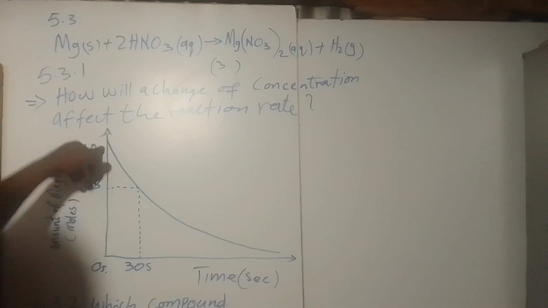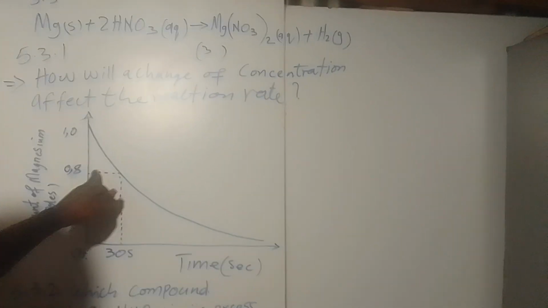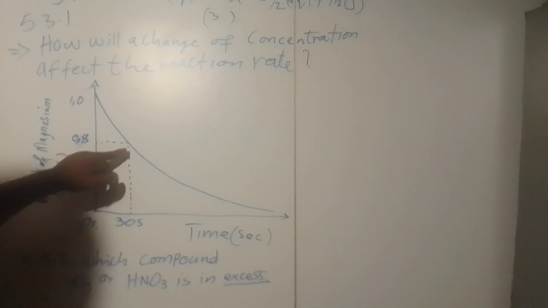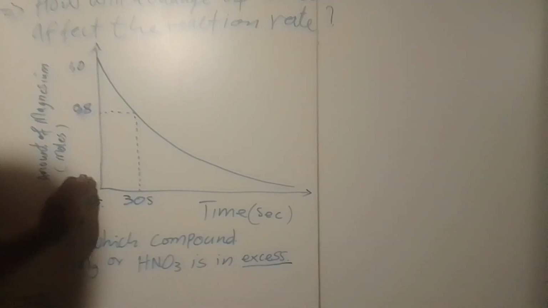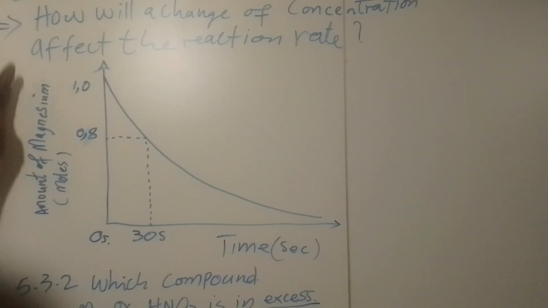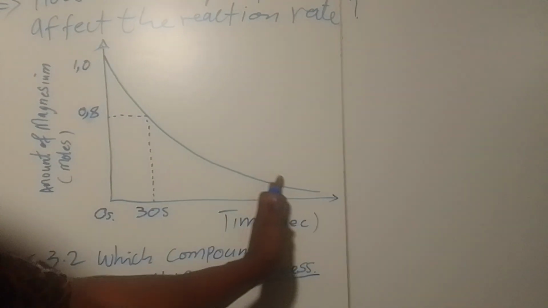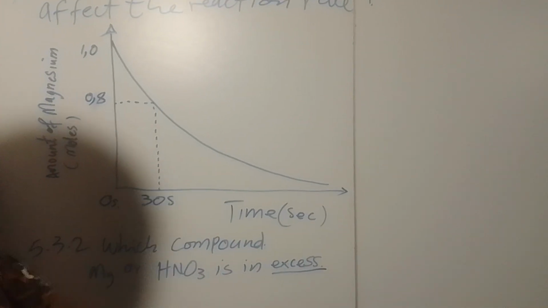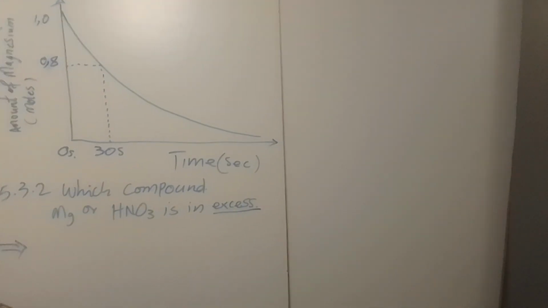Then after 30 seconds, it is at 0,8 moles. You see, as time goes by, this decreases. So it means that this amount of magnesium is going to decrease until it disappears completely inside the nitric acid. So you are answering this according to the graph.